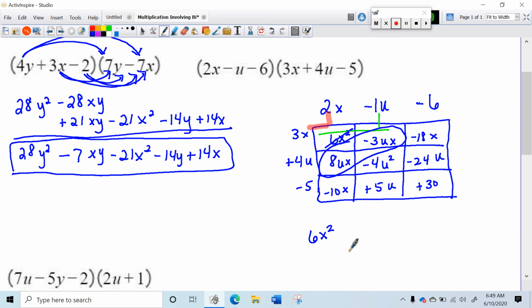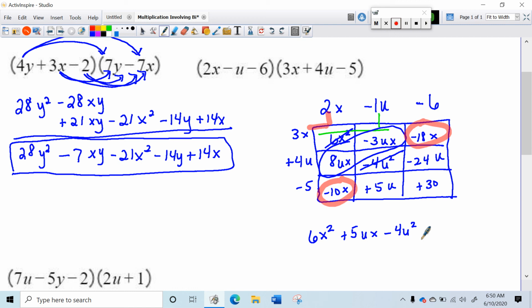So 8 take away 3 is a positive 5 ux's. And then I have a negative 4u squared, and I have some x's.